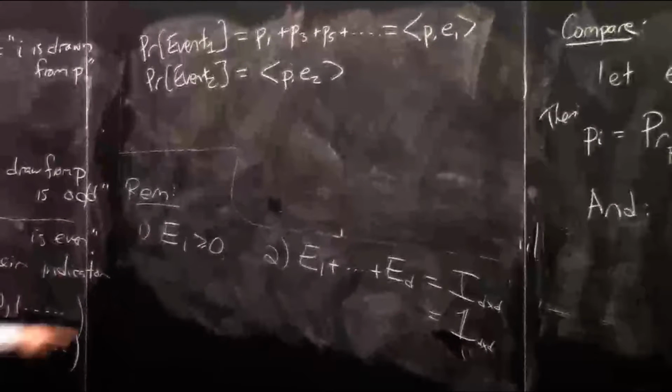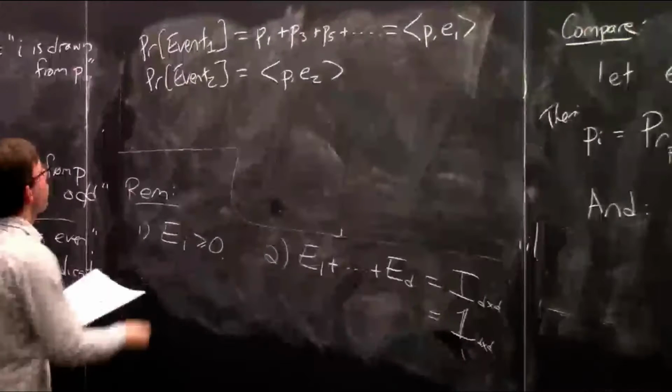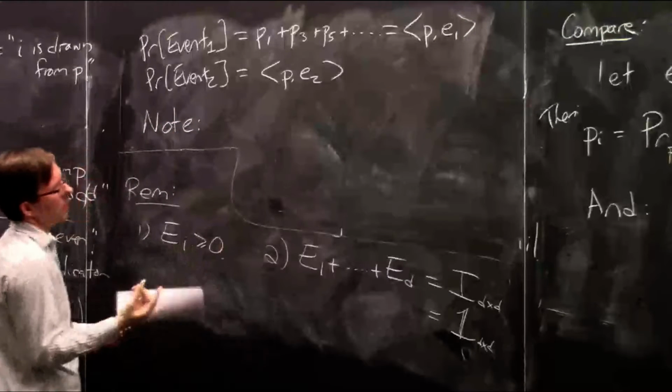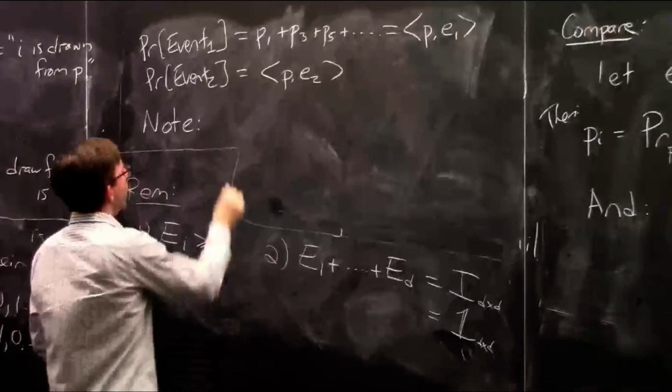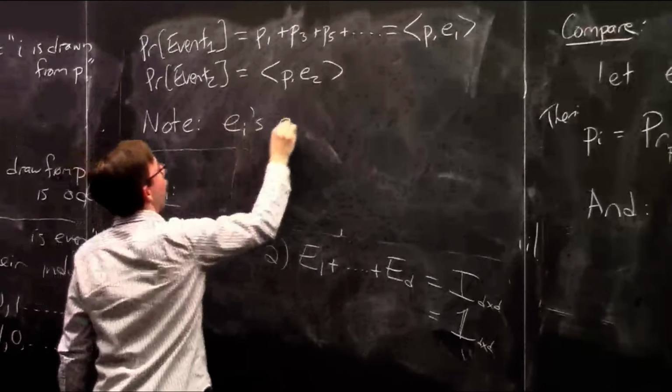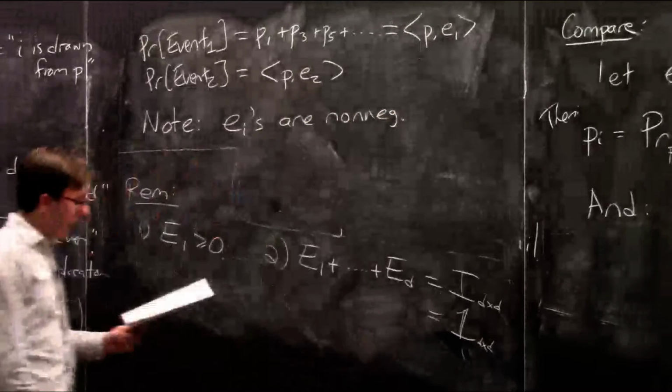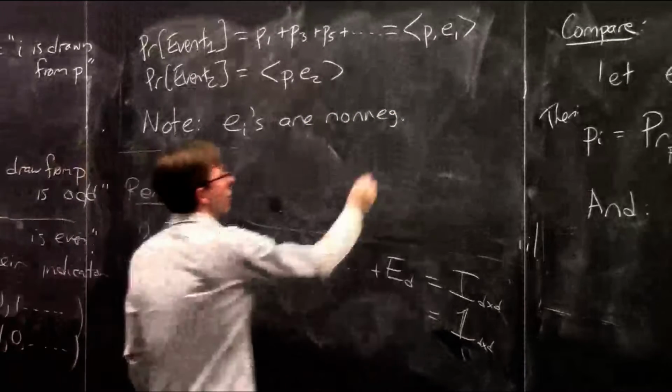And again, I want you to notice these two facts. This situation is a bit special because I only did two events, but you could have had more. The E_i are non-negative: all their entries are non-negative, in fact 0 and 1 in this case.